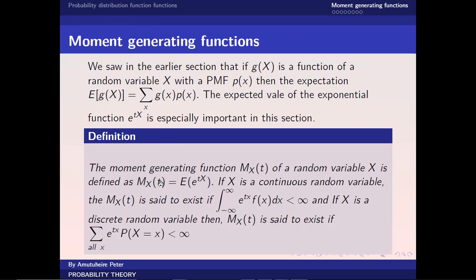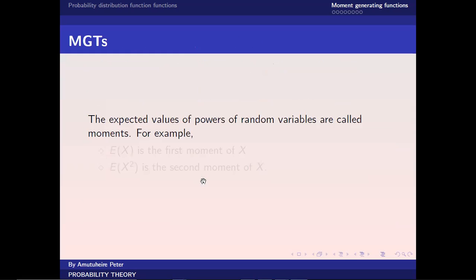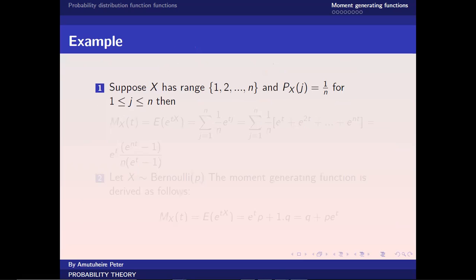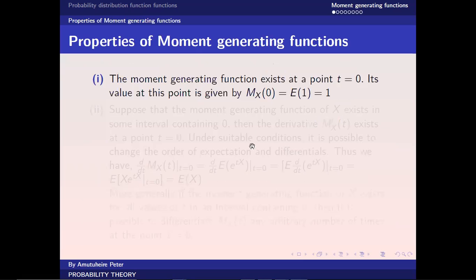So when t is 0, M of 0 is the expectation of e to power 0, but we know e to power 0 is 1. So it is the expectation of 1, and since 1 is a constant, the expectation of 1 is 1. So the moment generating function is defined at t equal to 0, and its value is 1.